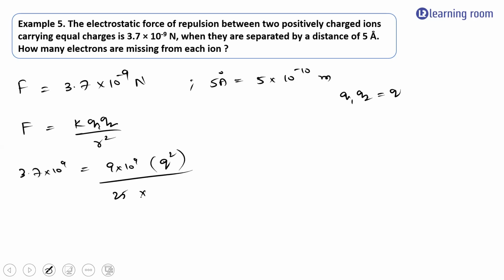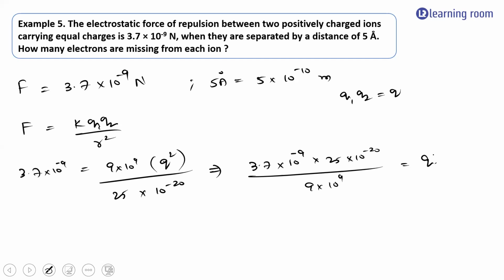Here it is going to be 25 into 10 power minus 20. Can I write it like this? Right? So this implies 3.7 into 10 power minus 9 into 25 into 10 power minus 20 divided by 9 into 10 power 9 is equal to Q square. Right? So from here, you will calculate the value of Q.